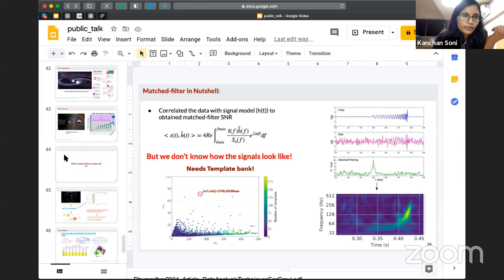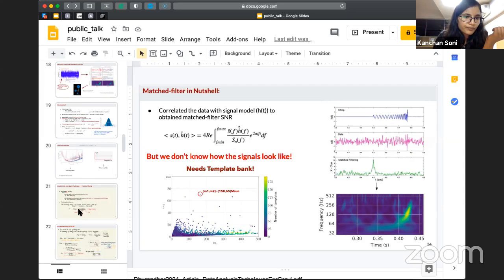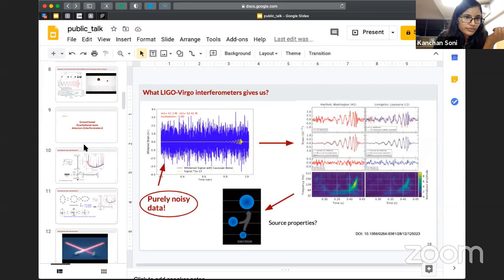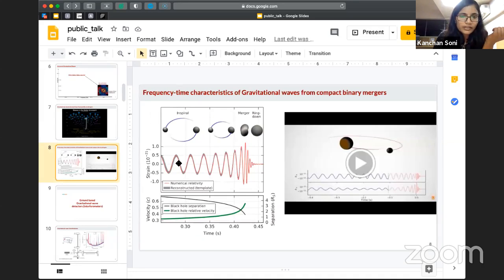If you want to compute the frequency-time curve of any gravitational wave signal, which is given over here, for a neutron star this part of the waveform will be very long, as you can see from the plot. So the inspiral phase will be long, and the chirp, the merger phase, will be different.